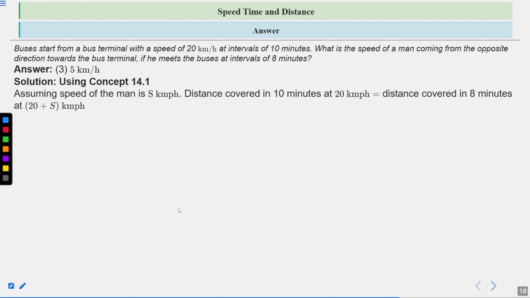So that is 20 × 10/60 = 8/60 × (20 + s). When we simplify it, we get 200 = 160 + 8s. So 8s = 40, and we get the value of s, which is 5 km per hour. So the third one is the correct answer of this question.